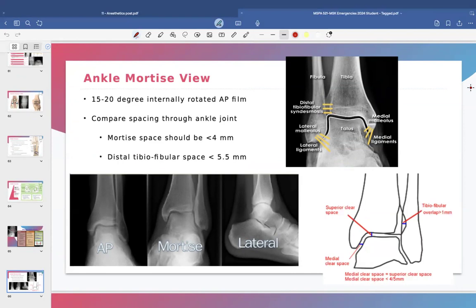If you have widening in that joint, it's gonna tell you about more instability. The medial space shouldn't exceed 4 millimeters. Usually it's about the distance between the tibial plafond and the talus. Any widening of greater than 6 millimeters is going to be disruption of your medial collateral ligament.